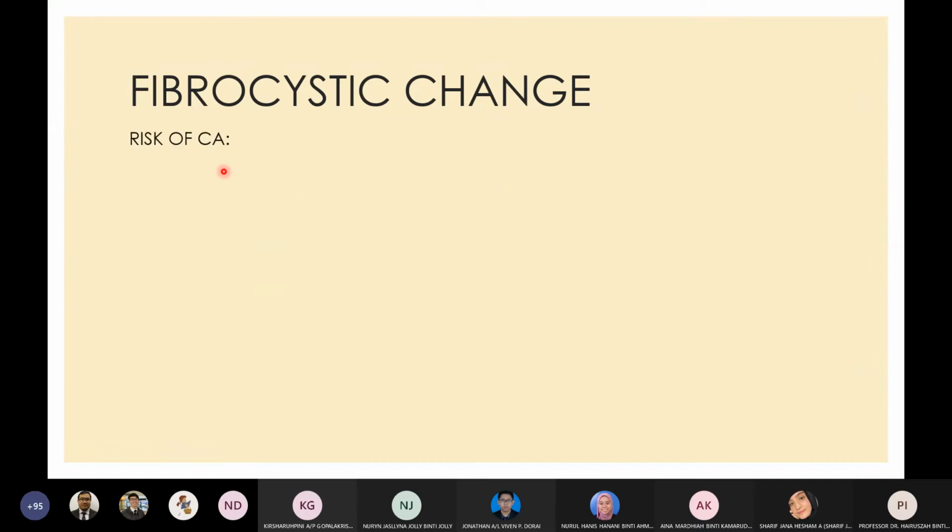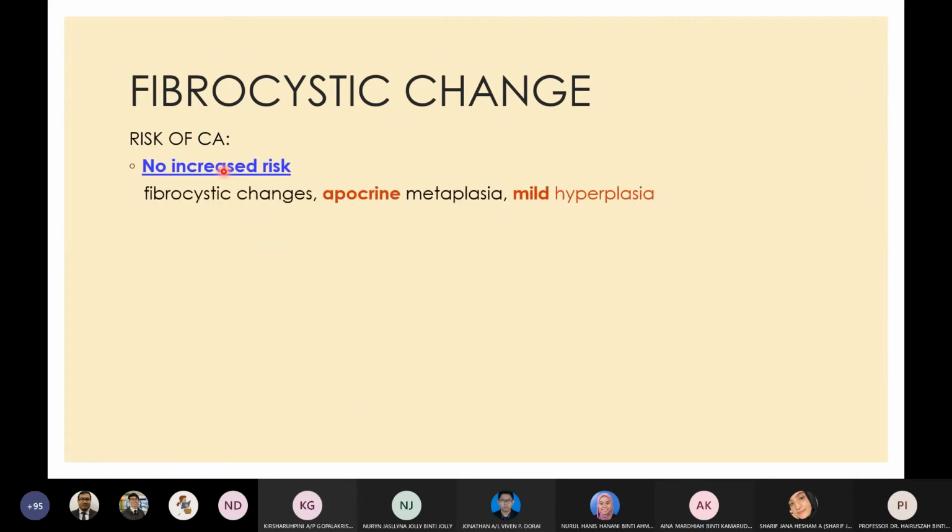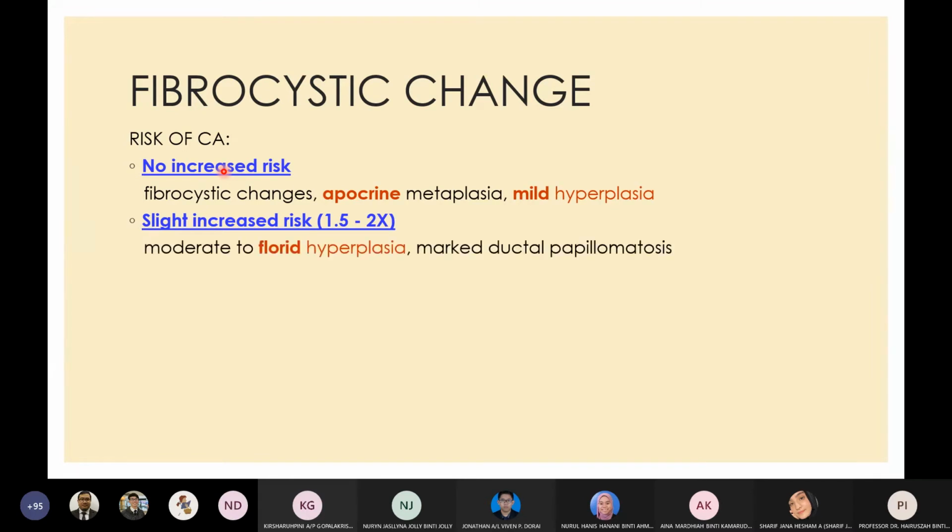Okay, right. What else? Pathologically we can actually give an idea, an estimate for the case, of how much chance it has to develop a cancer. If the report just says apocrine metaplasia, apocrine hyperplasia, mild, not to worry so much.